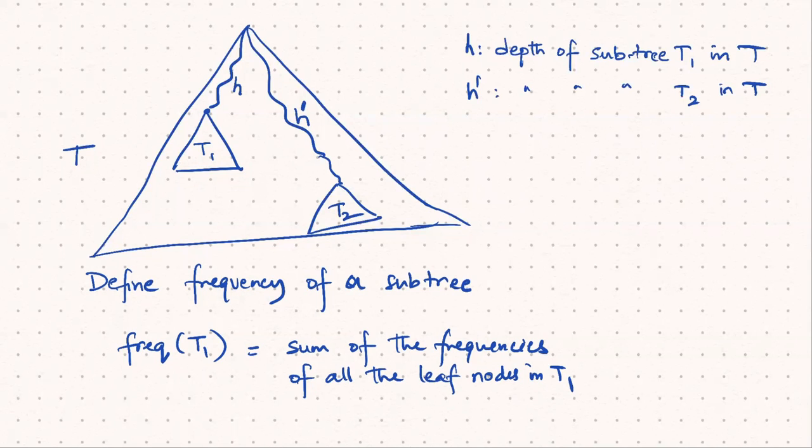So to compute the frequency of this subtree T1, we look at all the symbols which are leaves of T1 and sum their frequencies. If I want to formally write this down, it's the sum of all the frequencies of symbol S1, where S1 belongs to this subtree T1.